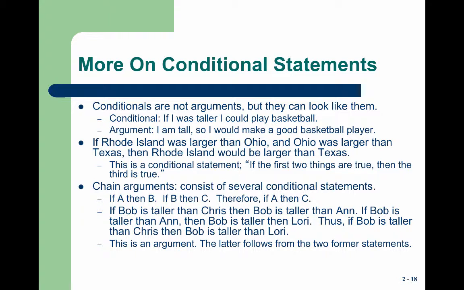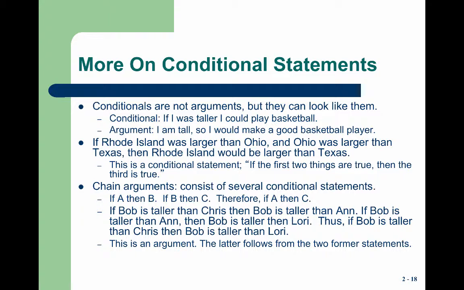That is called a chain argument, and it usually looks something like this. If A, then B. If B, then C. Therefore, if A, then C. So here's an example. If Bob is taller than Chris, that's A, then Bob is taller than Ann, that's B. And you take B, if Bob is taller than Ann, then Bob is taller than Lori.